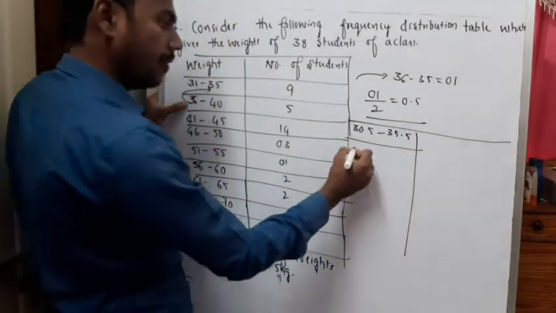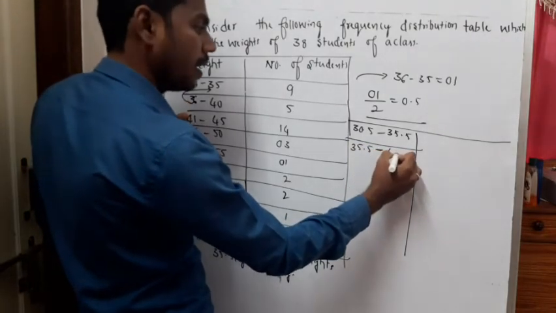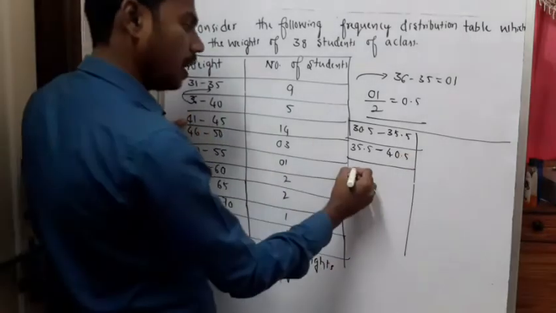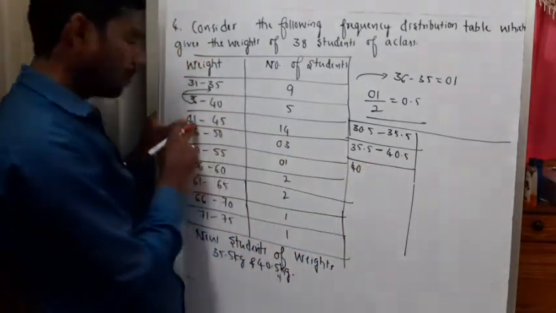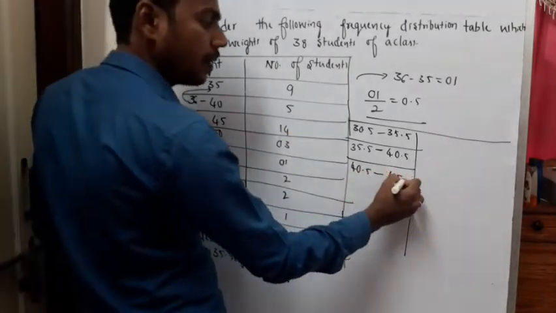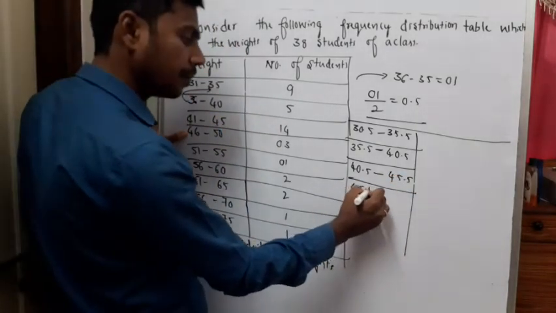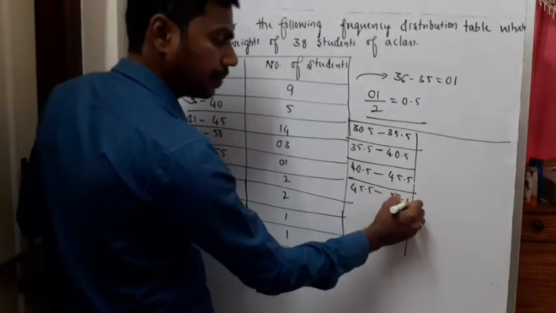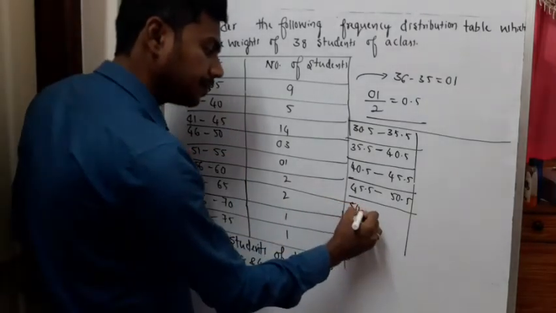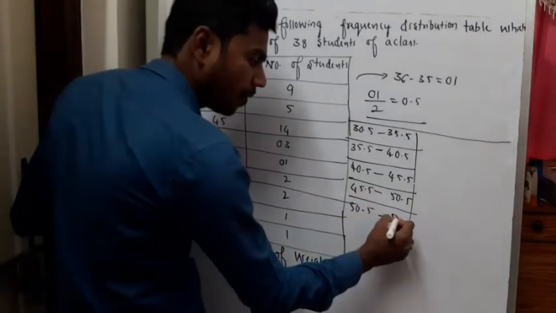Next, 35.5 to 40.5. Then 40.5, 41 minus 0.5 is 40.5, up to 45.5. Next 45.5 to 50.5. Then 50.5, subtracting 0.5 from the lower limit and adding 0.5 to the upper limit, to 55.5.